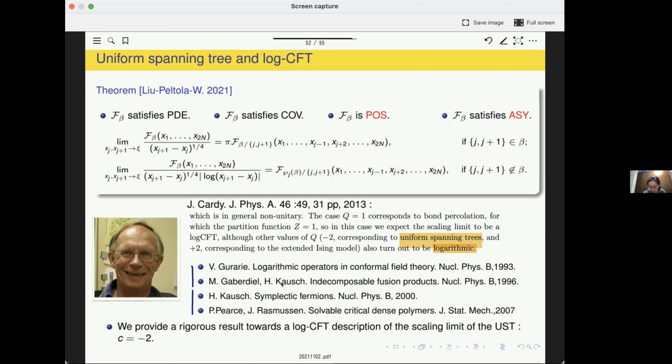Here I list an incomplete list. The description says something like this: if we think about the uniform spanning tree, the corresponding conformal field theory has central charge -2, is not a minimal model, and the field has a log correction.